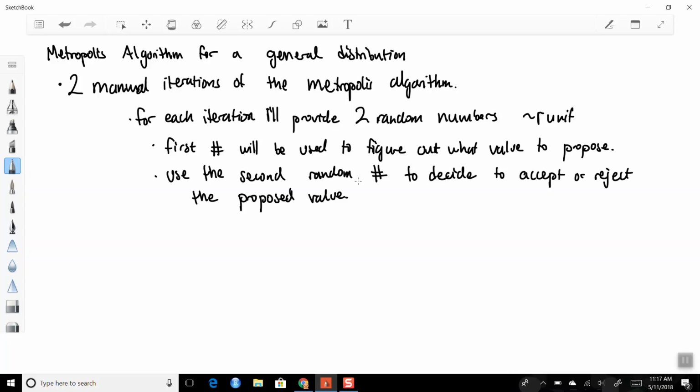Okay. And so, in this case, I will tell you the target distribution. And I will tell you what to use for the proposal distribution.